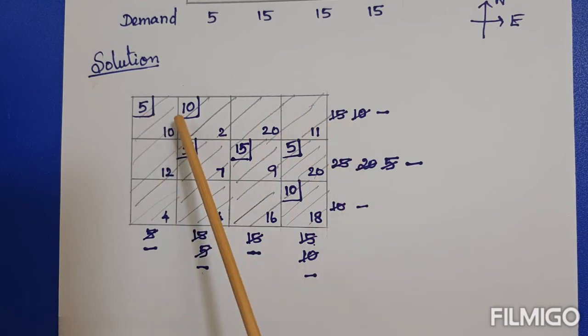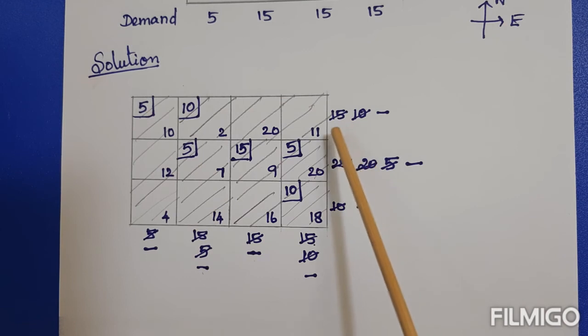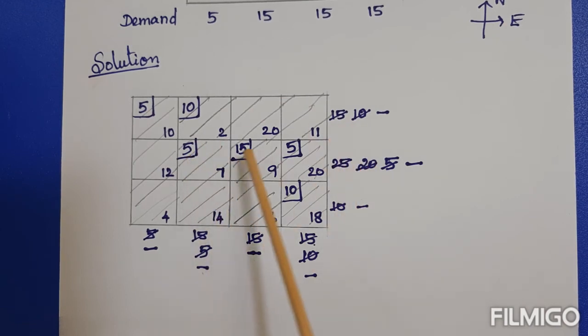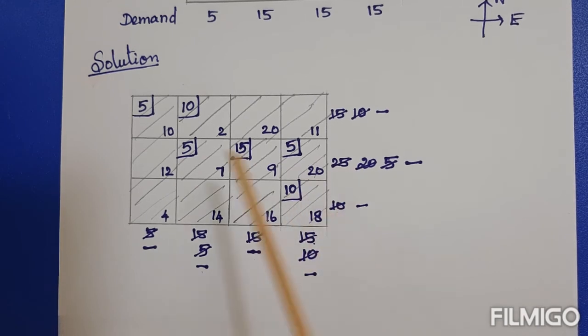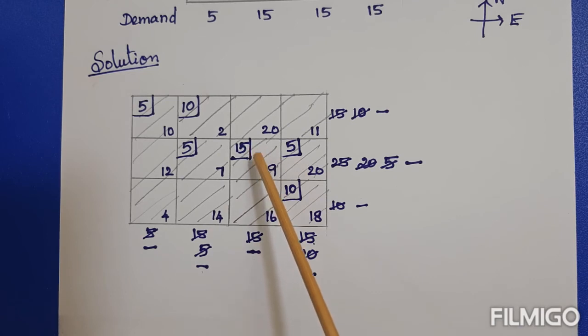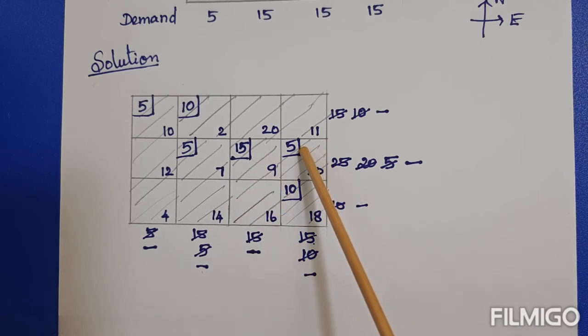First we check the supply. 5 plus 10, that is 15. 5 plus 15 plus 5, that is 25. This is 10. Now we check the demand. 5, okay. 10 plus 5, 15. Is it right? Yes, of course. Here 15, here 5 plus 10 is 15.